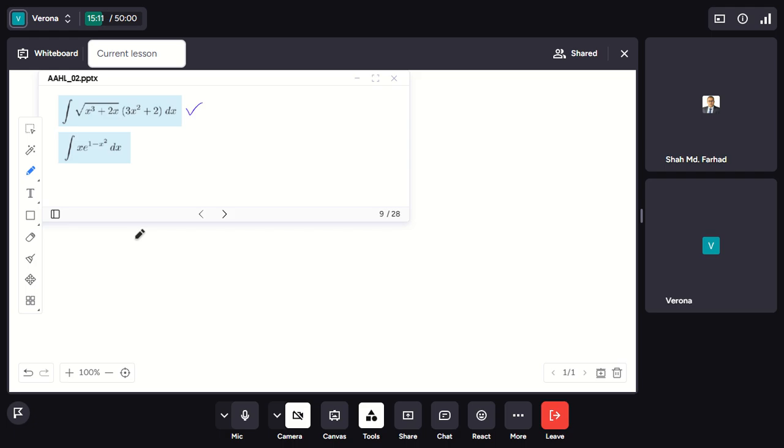Which one we should substitute here? Right, that is, we have to substitute this one. So u equals x cube plus 2x.